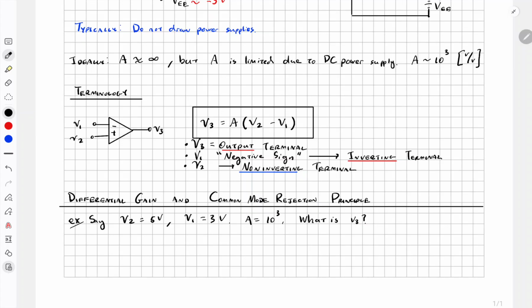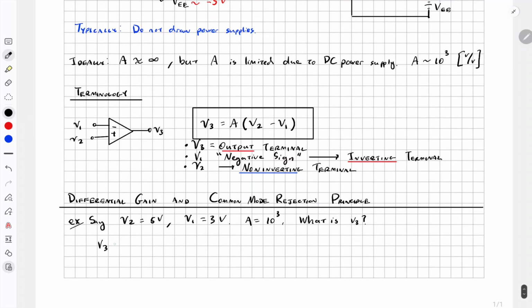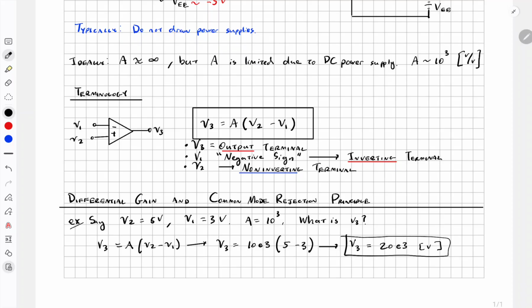Just like the equation for the ideal op-amp, V3 is A times V2 minus V1. So V3 is equal to 10 to the third multiplied by 5 minus 3, which is 2 times 10,000. So V3 is 20,000 volts on our output. It's 10,000 times amplification of the difference of V1 and V2.